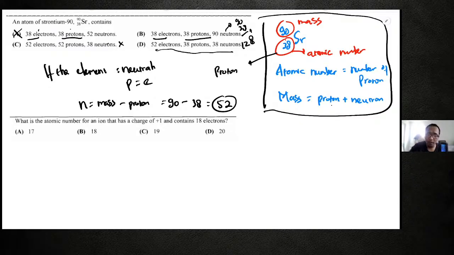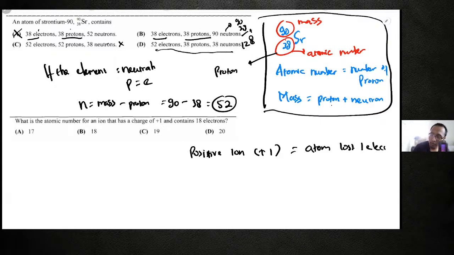Like the previous concept, we want to review again. A positive ion, or +1, equals an atom that lost 1 electron.